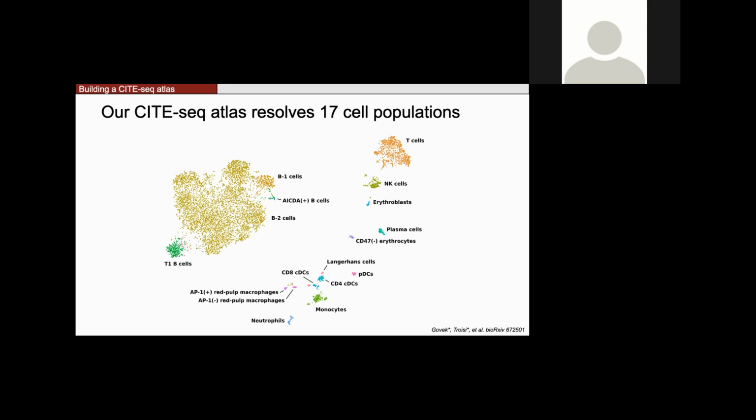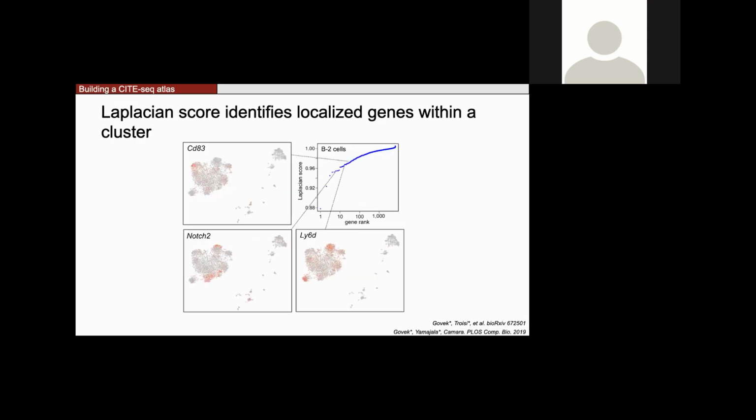But we can see that there are some much larger populations, like the B2 cells, which still have a lot of variation in gene expression. And so we used a method from our recent 2019 paper that just got published in PLOS Comp Bio, which uses the Laplacian score to identify differentially expressed genes within a cluster.